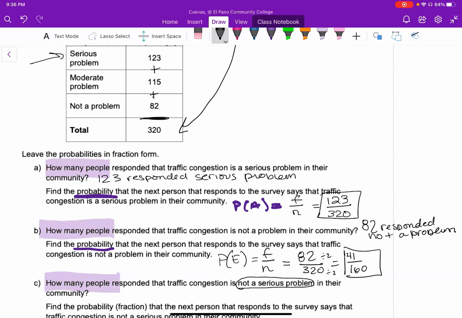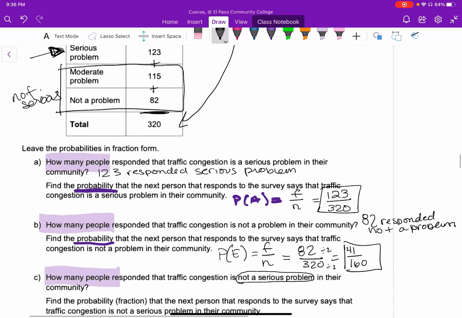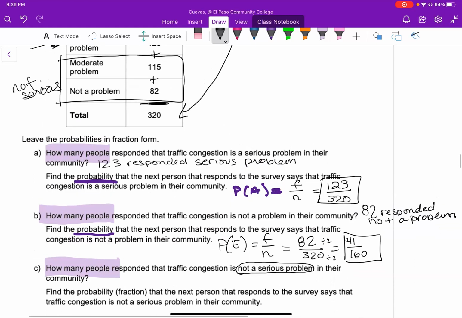So if this is serious problem, then these must be not serious. Remember, we just practiced that in the previous lesson 2.4. So moderate problem and not a problem, both of those are considered not serious. We would have 115 plus 82, and that gives us 197. Not a serious problem.